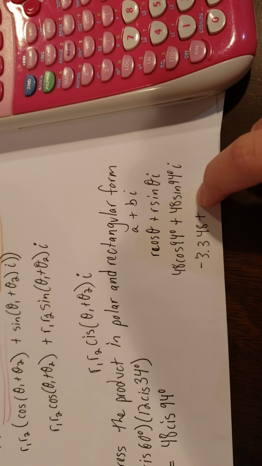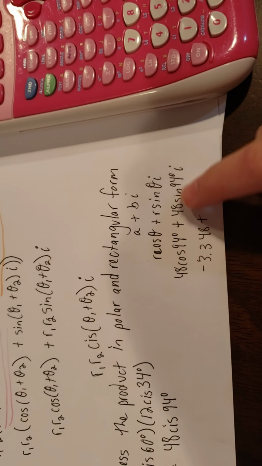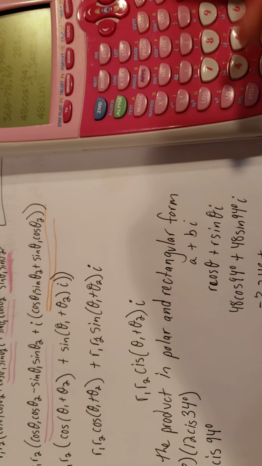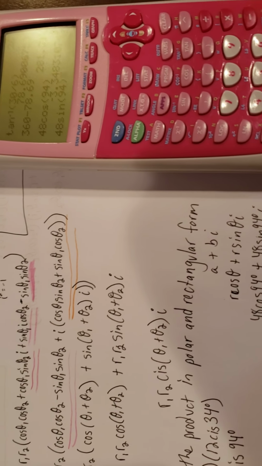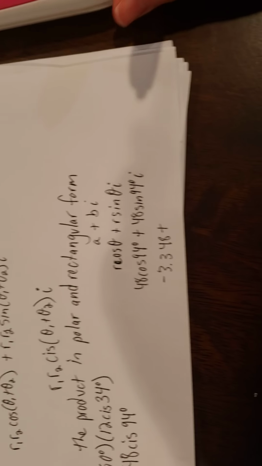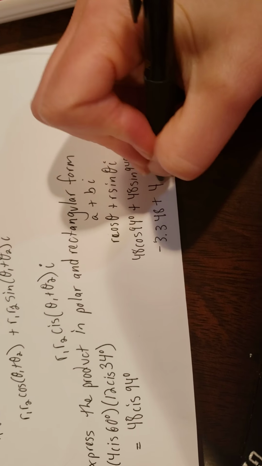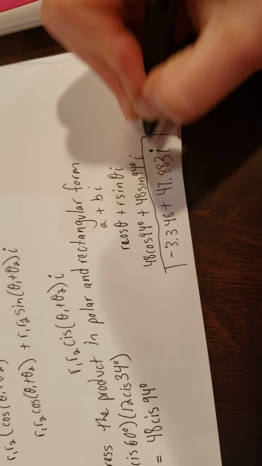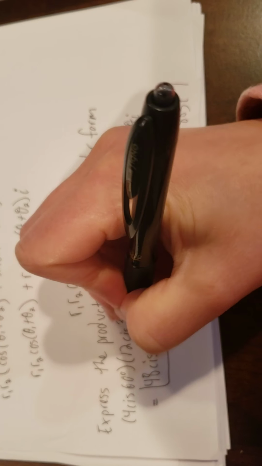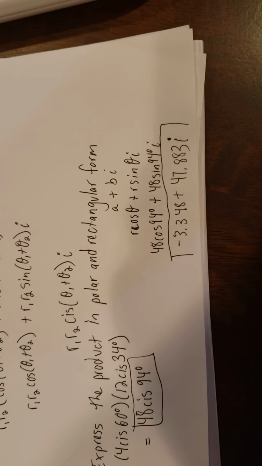So we know the y coordinate, the b, is going to end up being positive. So 48 times sine of 94 gives us 47.883. So plus 47.883i. So this is the rectangular form of the product, and this is the polar form of the product.